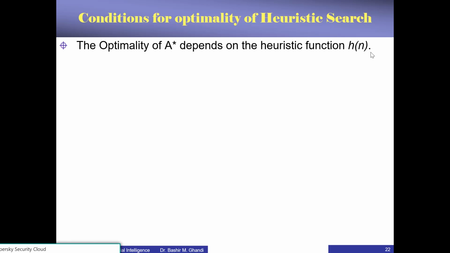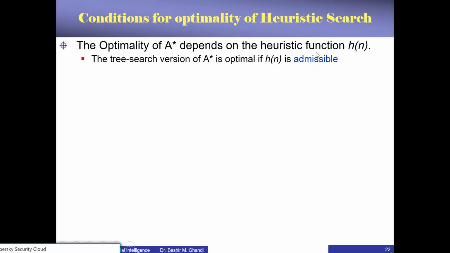Now the question is: is A star optimal? The optimality of A star depends actually on the heuristic function h(n). For the tree search version, A star is optimal provided the heuristic function h(n) is admissible.